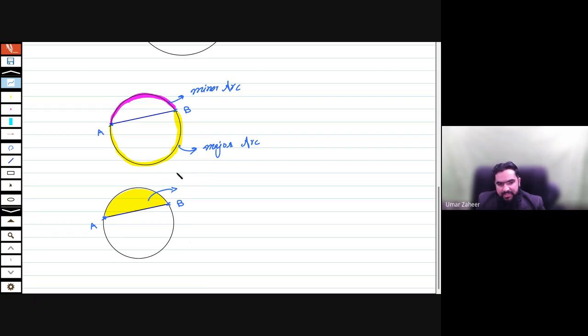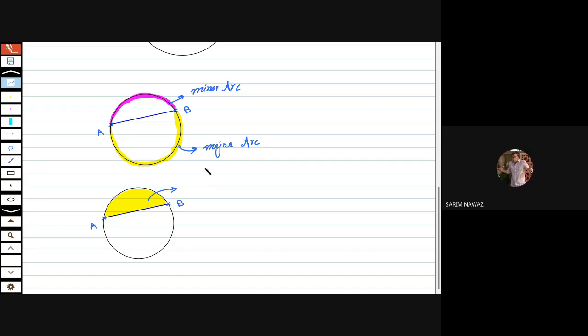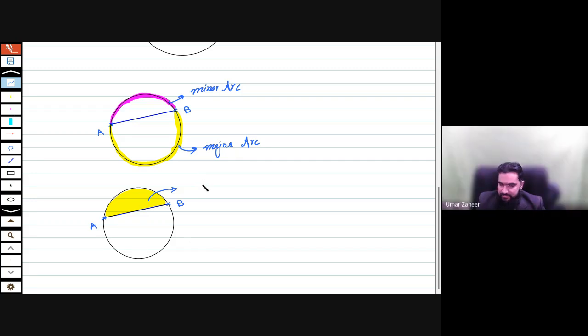This portion is known as a segment. It is a smaller segment, so it is known as the minor segment.